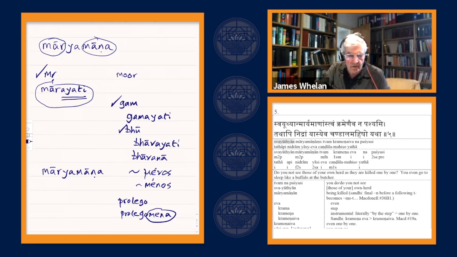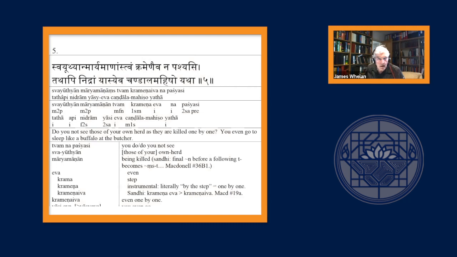Now, you see in here, marayamanan becomes marayamanas tvam. Oops, sorry, the cursors are going funny. It's just a bit of sandhi. Don't stress out over it yet. In Sanskrit, whenever you get a word ending in an n followed by another word beginning with a t, that becomes, by sandhi, marayamanas tvam.